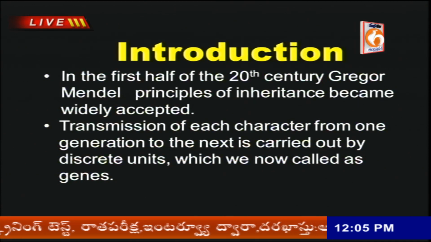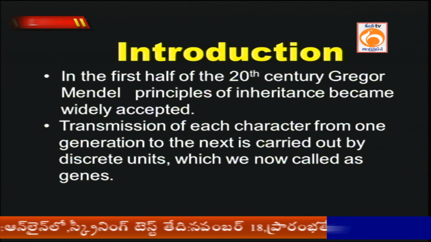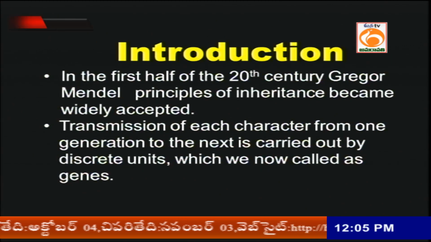So first let us come to know the introduction part. In the first half of the 20th century, Gregor Mendel's principles of inheritance became widely accepted. But the chemical nature of hereditary material remained unknown. Based on his experimental investigations, Mendel concluded that development of characters was due to the presence of particular factors, which were called genes, and these factors were transferred from one generation to another.